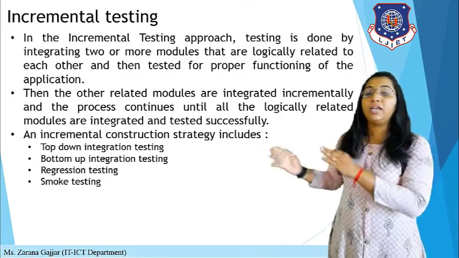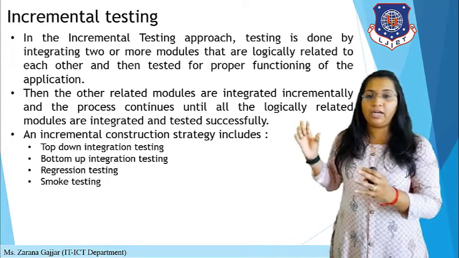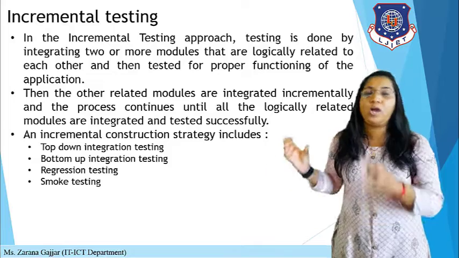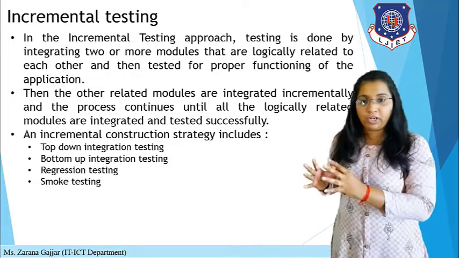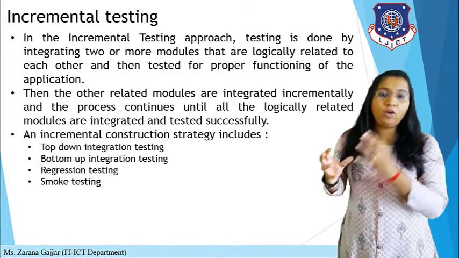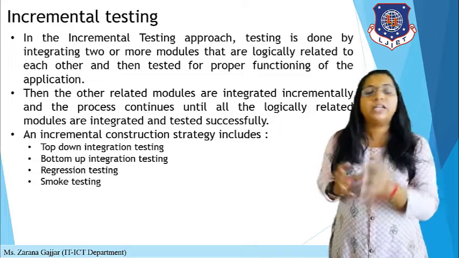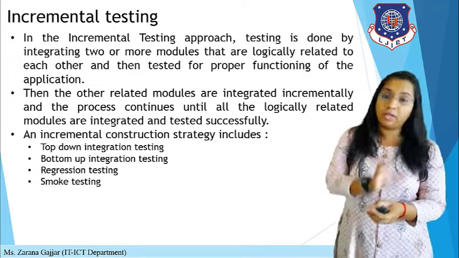Then you incrementally add modules. First you integrate module 1, add to cart, with the address module. If they are working properly after integration, then you check that with the next incremental module, the payment module. So this is the whole process of incremental testing.